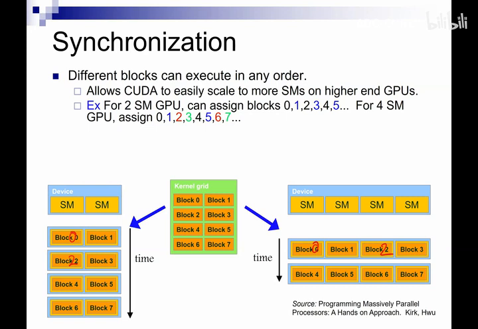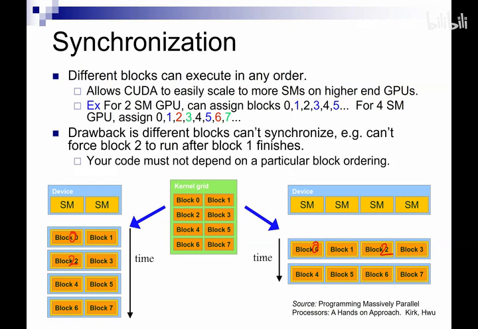Therefore, when you write your kernel, you don't know what kind of GPU it's going to run on eventually. So you don't know whether 2 is going to run after 0 or concurrent with 0. So your code cannot depend on the order of the thread blocks, because potentially the thread blocks can execute in some arbitrary order.